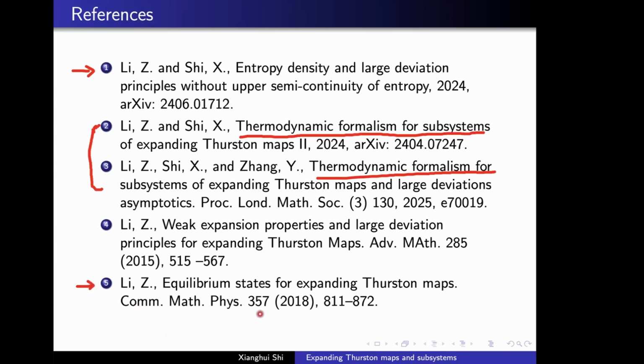So the third one is for existence, and the second one is for uniqueness. And in particular we answer the two questions posed in the fourth paper by Professor Xianghui.